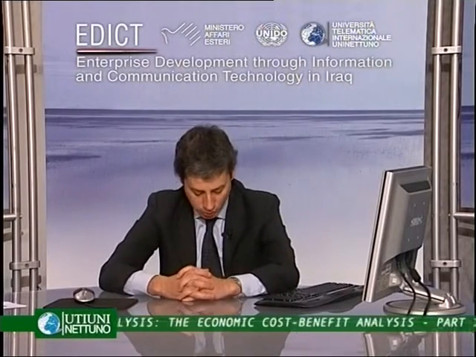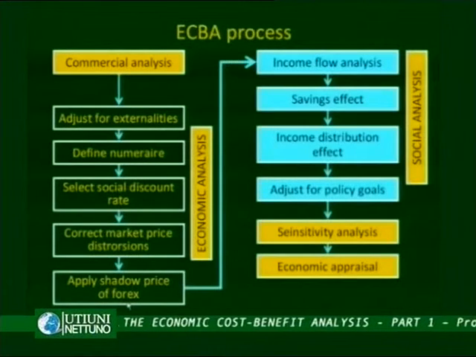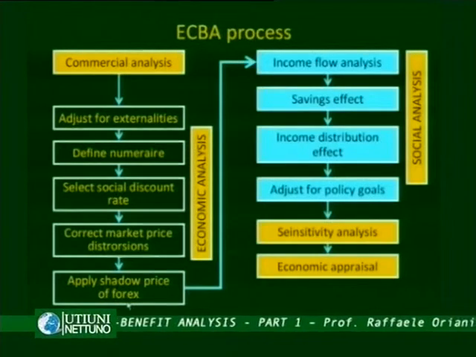And then you could adjust for eventual policy goals, and you could add in the end merits and demerits that a project has with specific reference to given policy goals, and this could be a plus or a minus for a project independently from the analysis that we have performed so far.